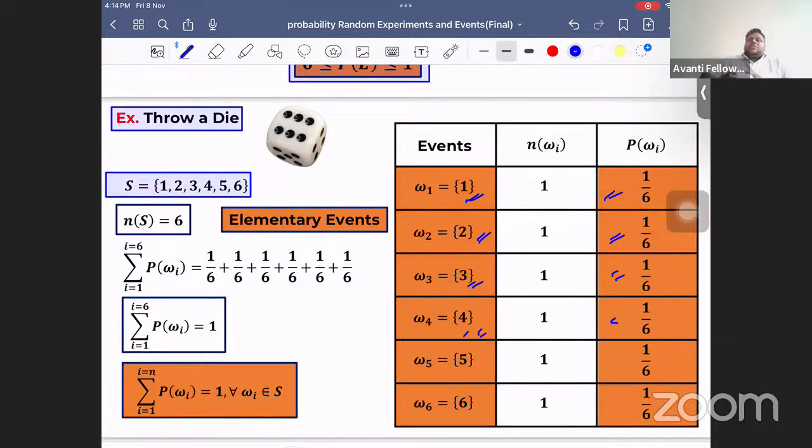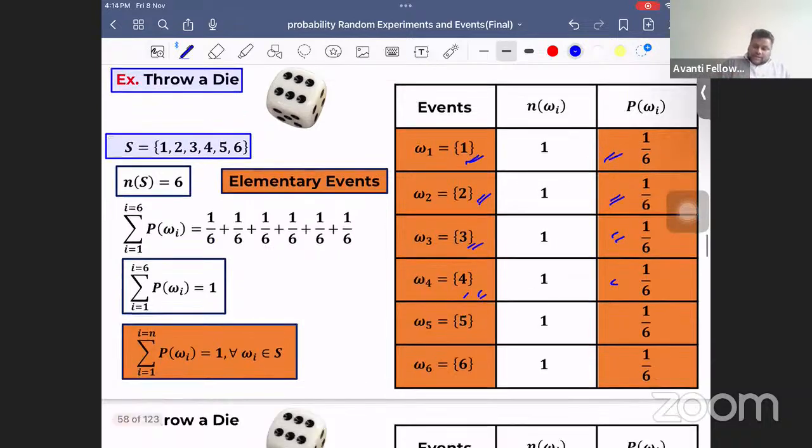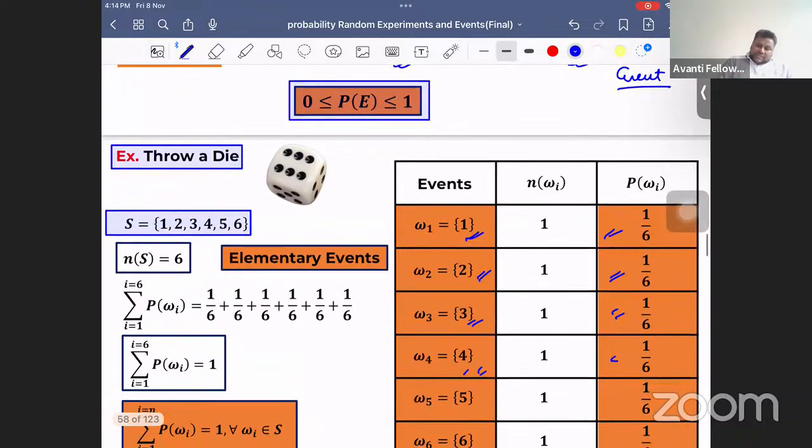And definitely there is no outcome beyond that. That means these W1, W2 and so on to W6 are exhaustive events. They are mutually exclusive also because if one comes, it won't let two come. If two comes, it won't let any other number appear. So they are mutually exclusive, exhaustive and equally likely events.